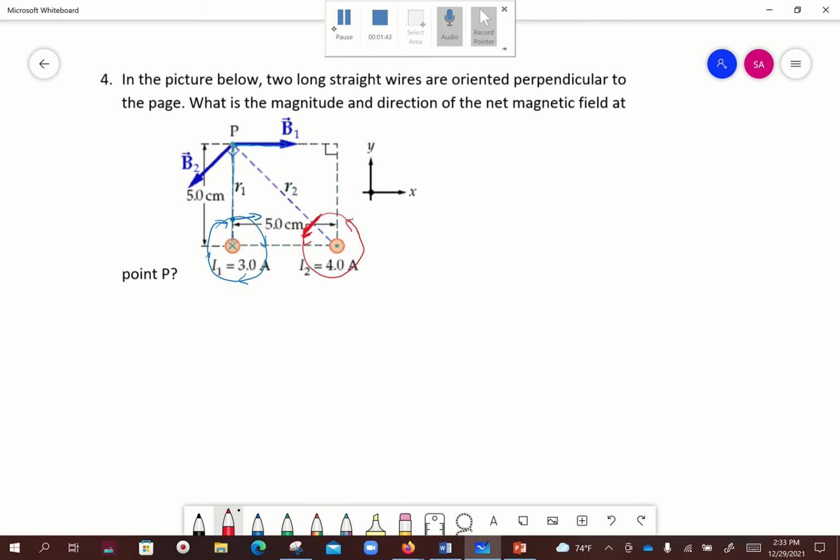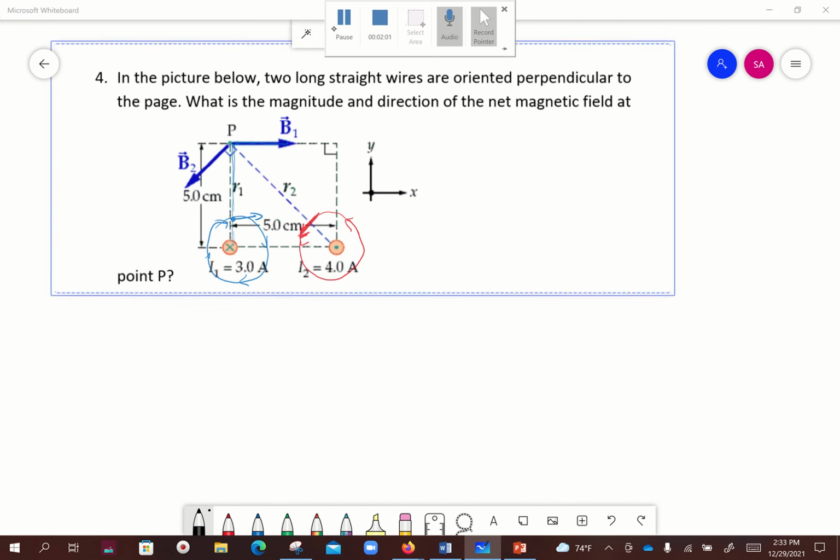So I've got two magnetic fields, B1 and B2. I need to find their magnitudes, and I need to find their components and add them together as vectors. And you might get a problem where it's got 3 or 4 or even more currents to do this with. All right, so let's start off with the magnetic field from wire 1.